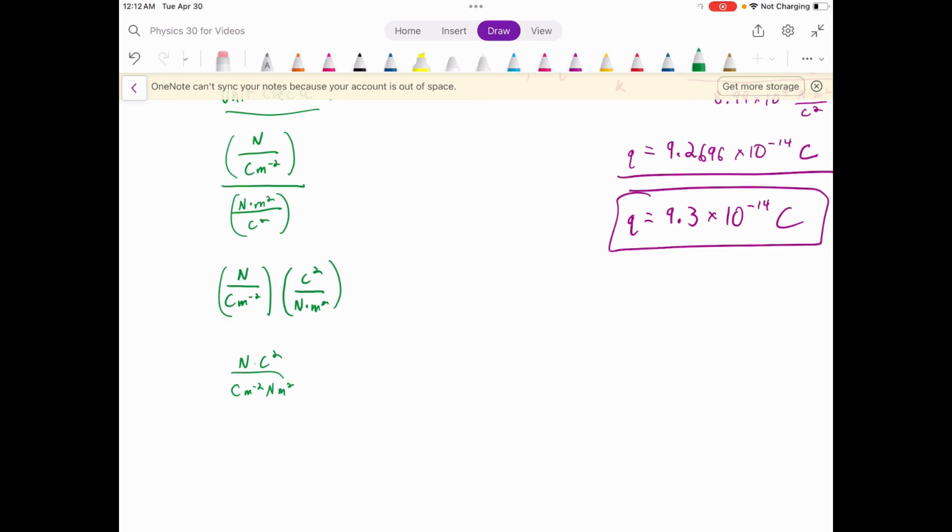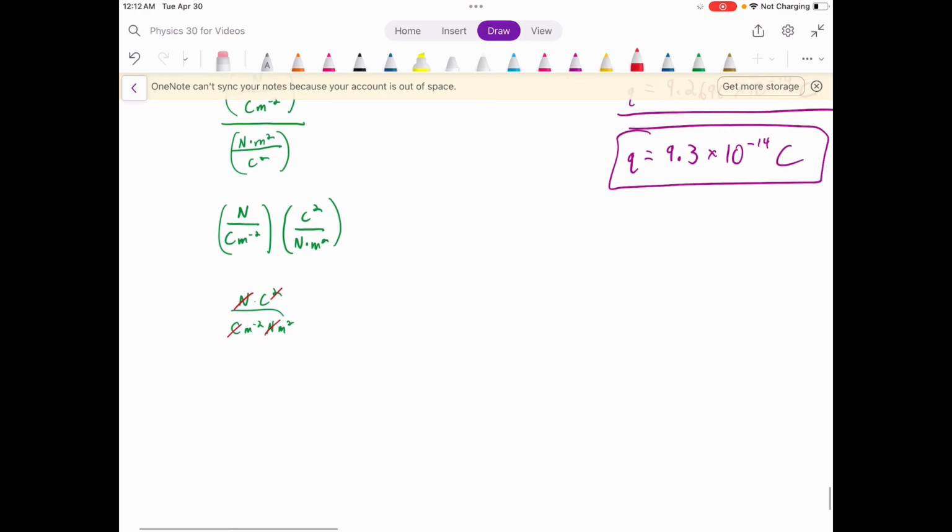And look at all this cancellation. Newtons over newtons is just 1, right? Coulombs squared over coulombs, well, coulombs squared is coulombs times coulombs, so one of those can cancel out. And then meters to the minus 2 times meters squared, right? We know that's from our exponent laws in math, right?